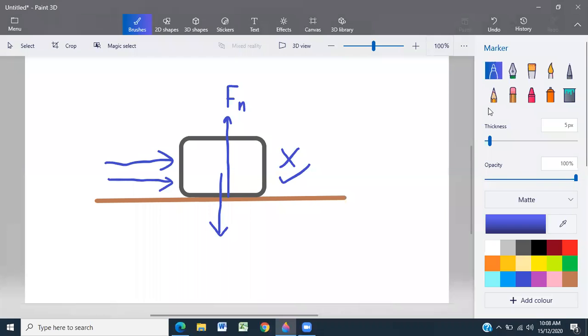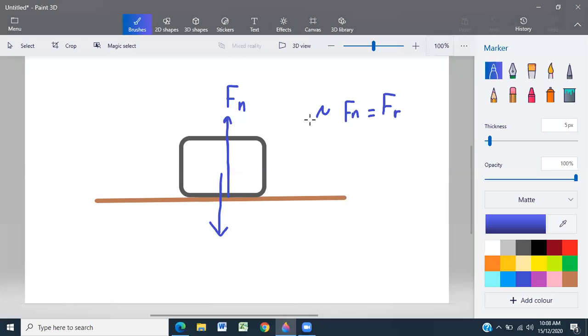And through experiments, we found that the force of friction varies in some way related, let's call this Fr, the force of friction, to the weight applied onto the surface. Let's call this here, so you've come across this.